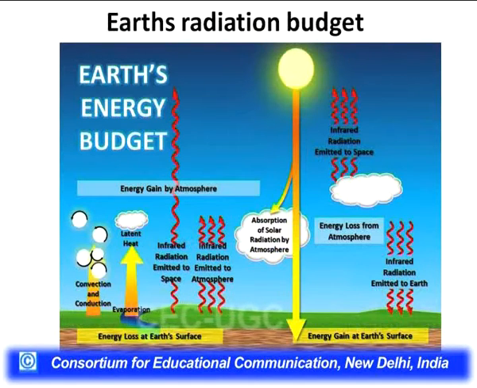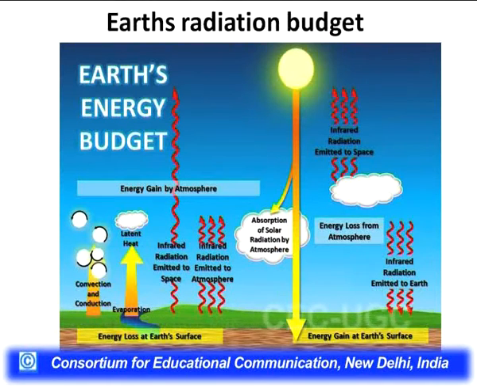You will see here, on the left hand side is given the energy loss from the Earth, while on the right hand side is given the energy gain at the Earth's surface, which is naturally from the sun. So, now we will see the sun, which is giving radiation to us.